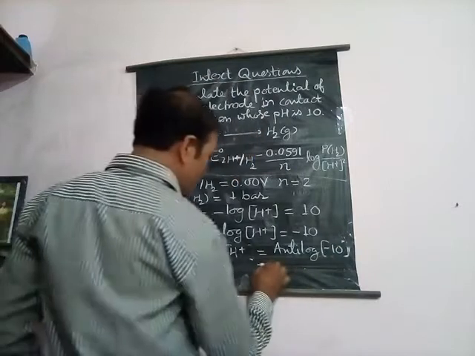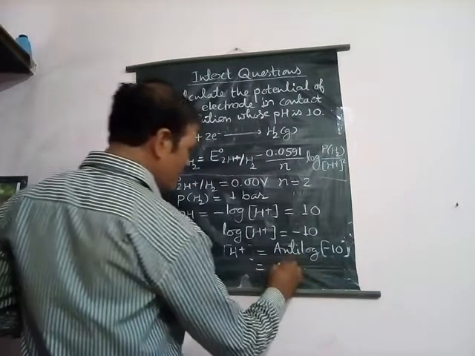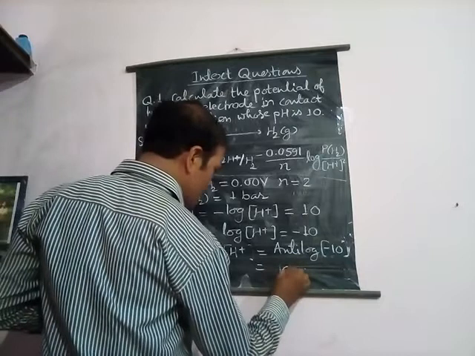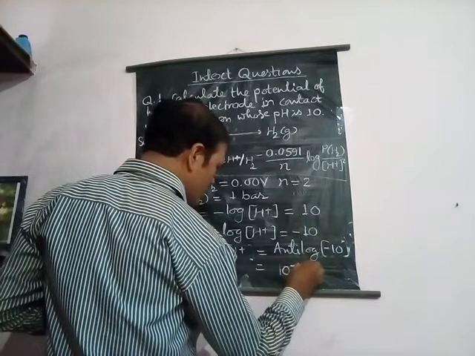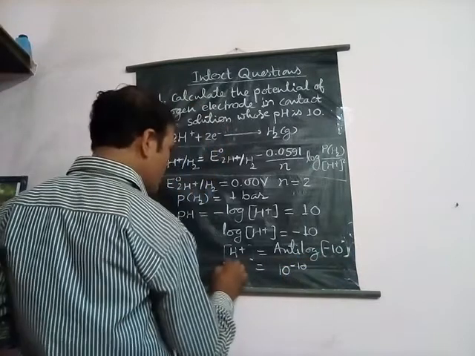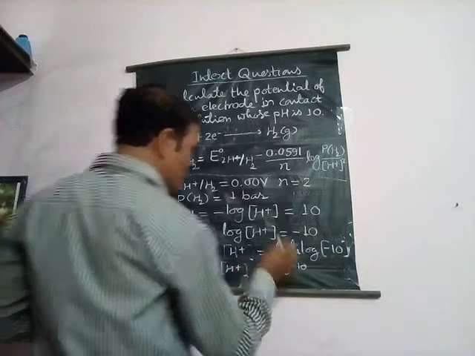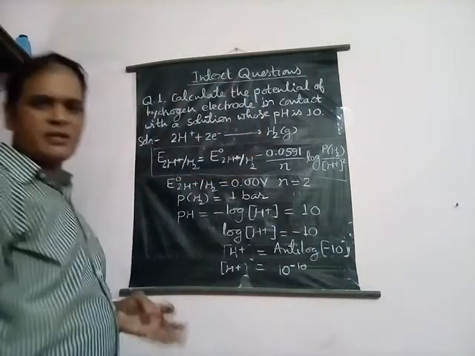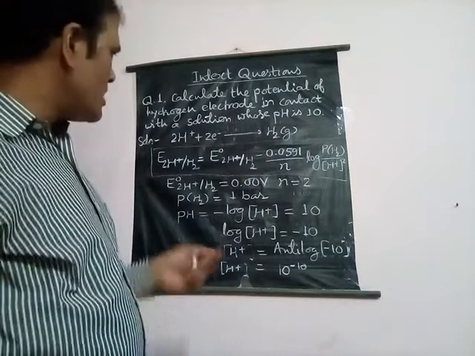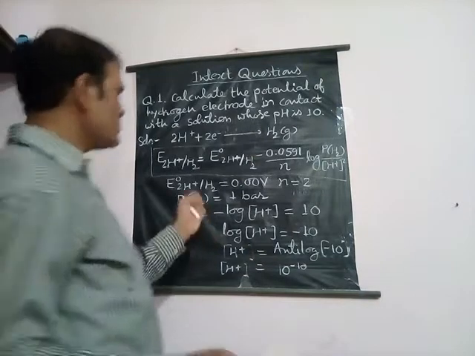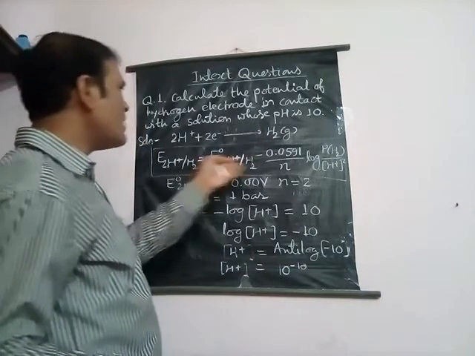On removing the anti-log, we generally get 10 to the power minus 10. That will be the H positive ion concentration. After calculating all these values, we can put them in this formula.